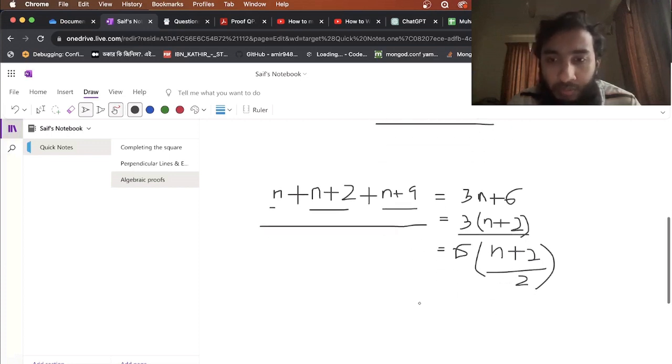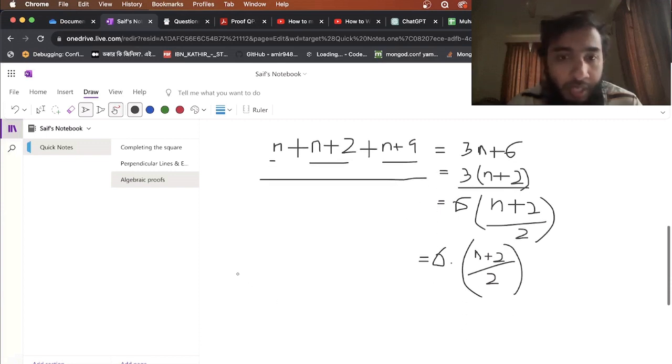So what is this expression? 6 into n plus 2 by 2. If we analyze this expression, for example, if you use the value of n, let's say n is an even number starting with 2.